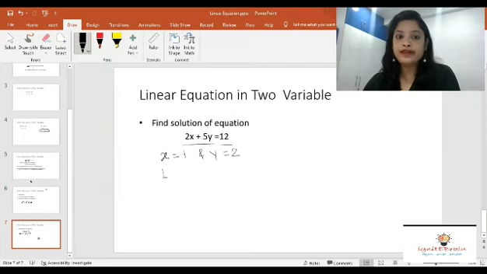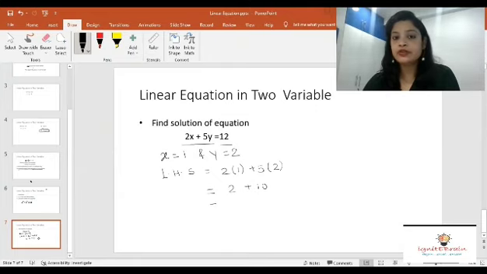When I put the values in the left hand side, in place of x I'm writing 1. 2 multiplied by 1 is 2, and 5 multiplied by 2 is 10.